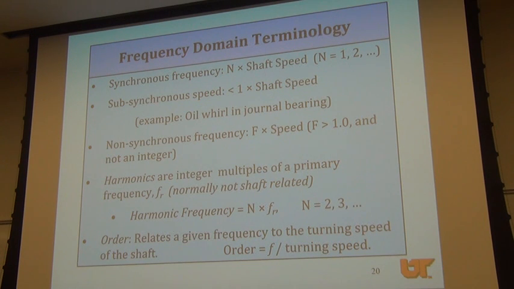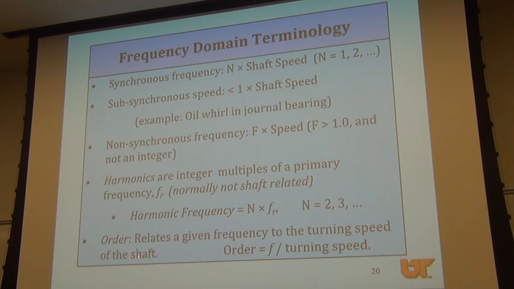Now when you get to bearing frequencies, the frequencies caused by bearing faults may not be integer multiples of the shaft frequency. It depends on the bearing dimension, the number of rolling elements in the bearing, and other factors.